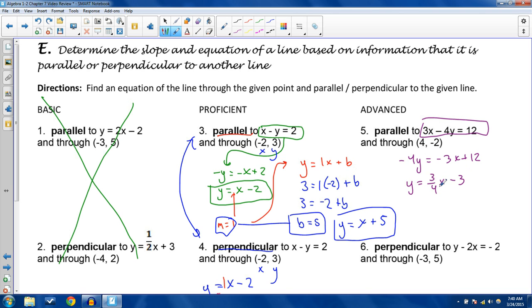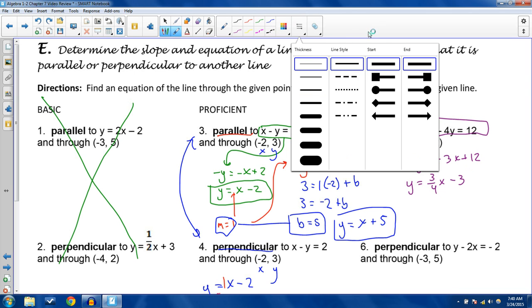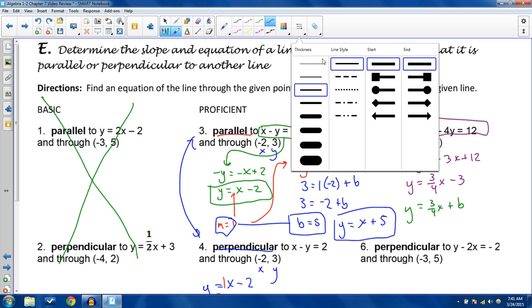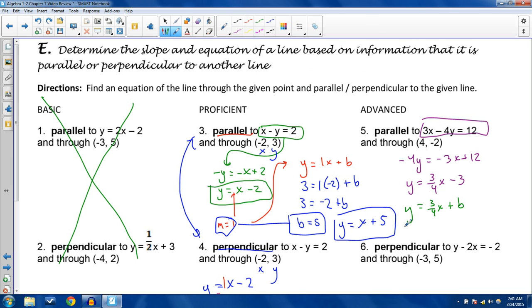Parallel, once again, means use the same slope for your new line. Same slope is 3/4, so I'm going to have a new equation that says y equals 3/4 x plus b. And I need to find b. I have the point with negative 2. Let's substitute. Not much room here. I doubt I gave you much room on your paper, though, either. Negative 2 equals 3/4 of 4 plus b.